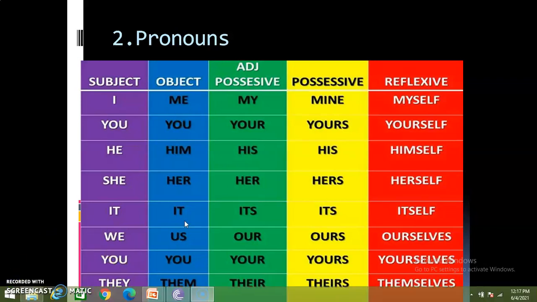In English, reflexive pronouns usually end in self or selves, and refer to a previously named noun or pronoun. That is, they refer back to a person or thing. We often use reflexive pronouns when the subject and the object of a verb are the same. For example, I cut myself when I was making dinner last night. I cut myself, myself.